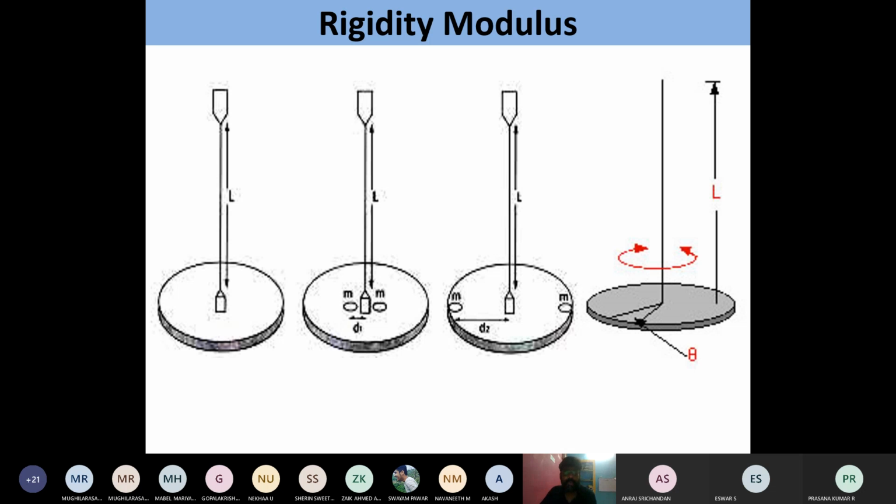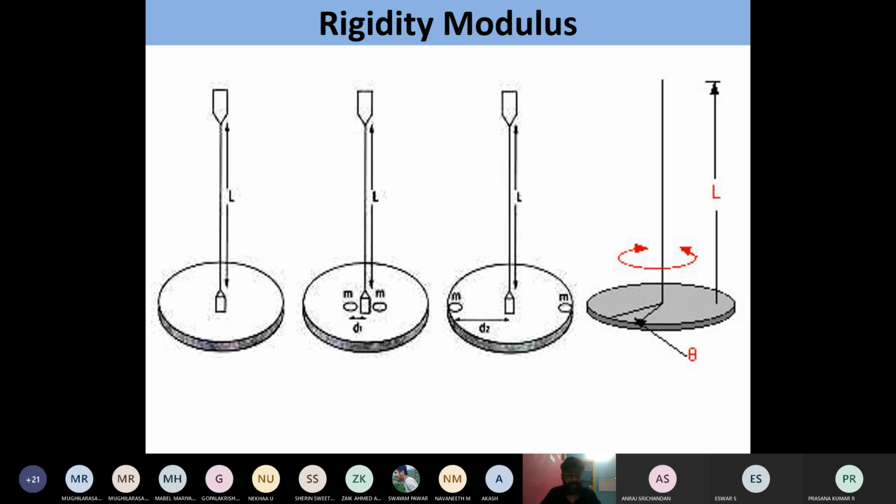So we have to place the symmetric masses near the center of the rotating metal disc, and we have to measure the distance. After measuring the distance, you have to measure the length also. From this pencil end to this pencil end, we have to measure the total length.